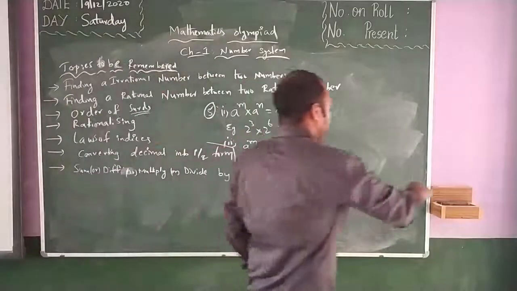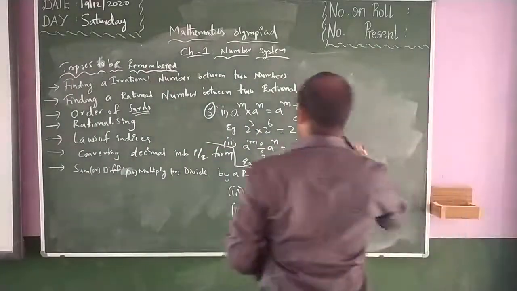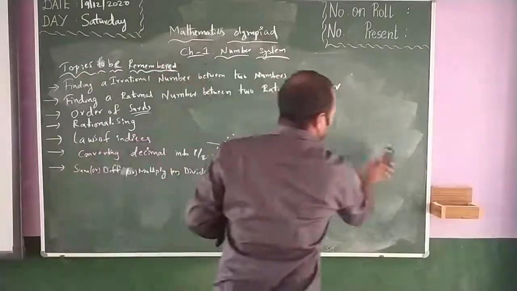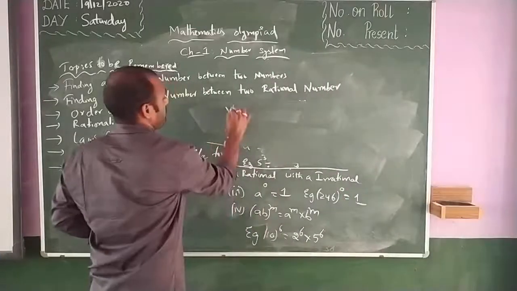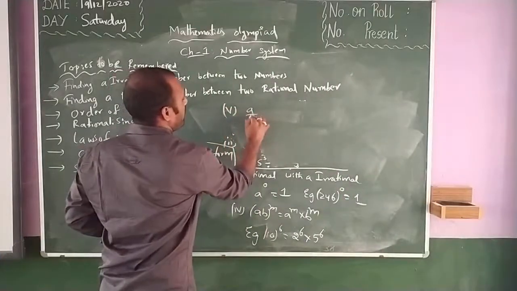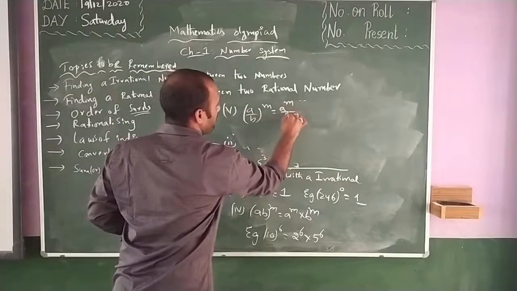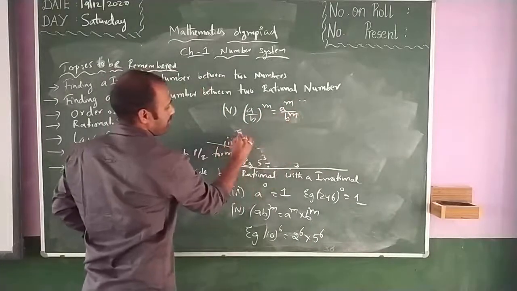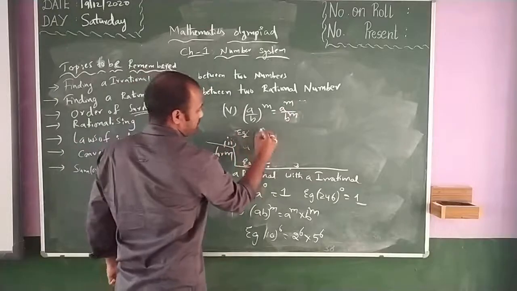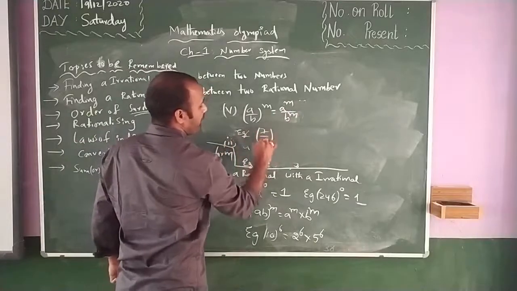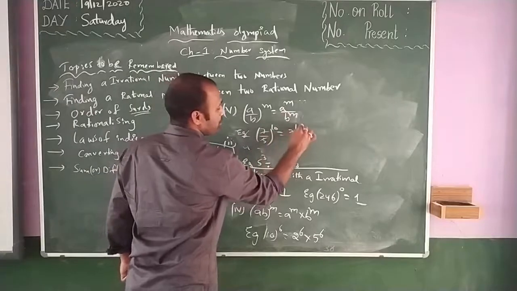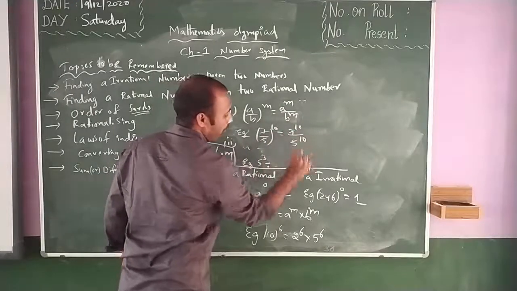Next, one more law is there. (a by b) whole power m can be written as a power m divided by b power m. So (7 by 5) whole power 10 can be written as 7 to the power of 10 by 5 to the power of 10.